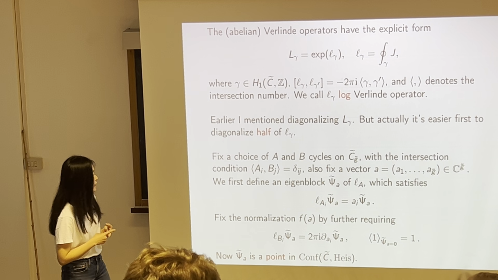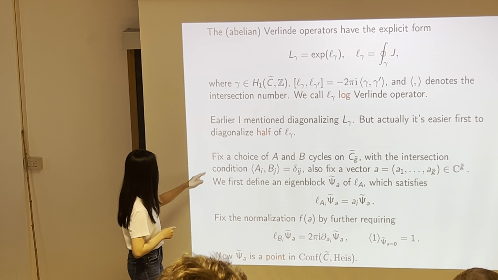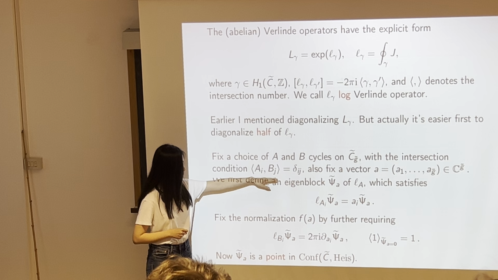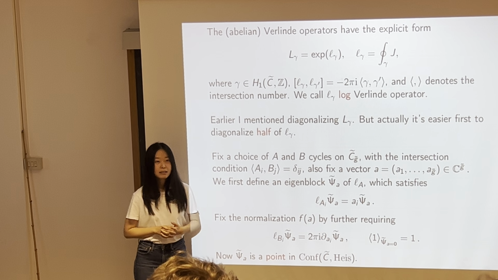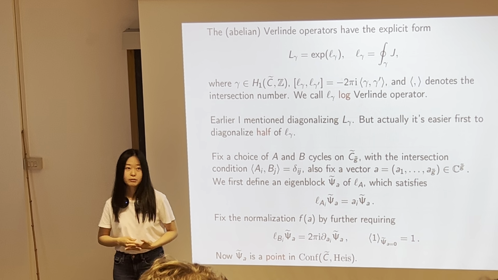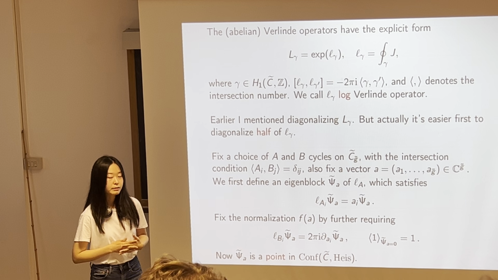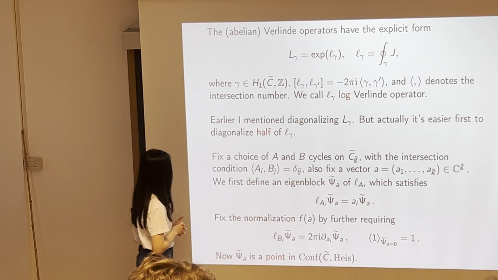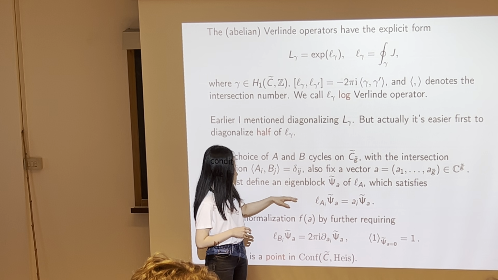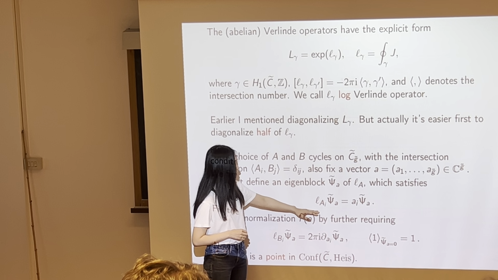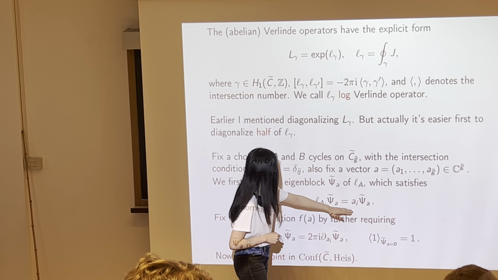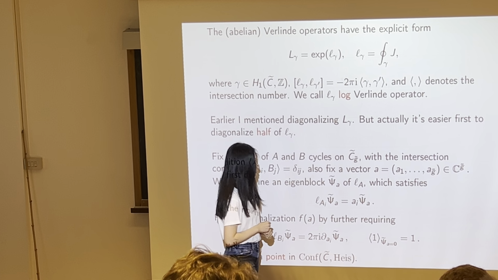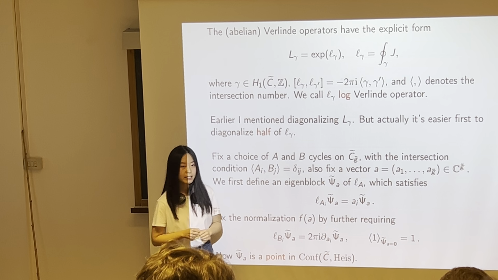It's more convenient if we first fix a choice of A and B cycles with the intersection condition such that the intersection number is delta_ij. And now I will diagonalize all the log Wilson-Dehn operators for the A cycles. Here, a common eigenblock of all those l_A is given by this condition, where the a_i are some parameters we fixed, which will serve as the eigenvalues.